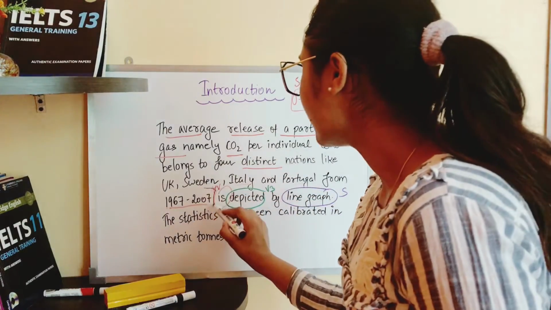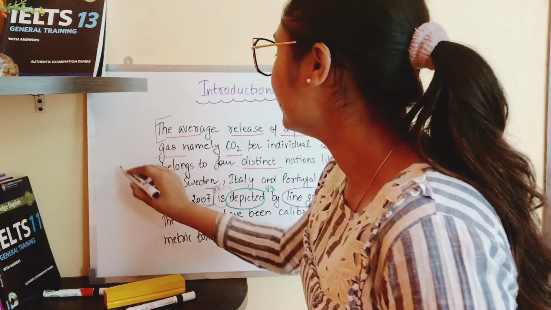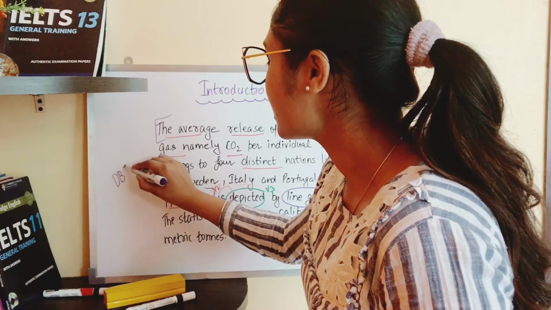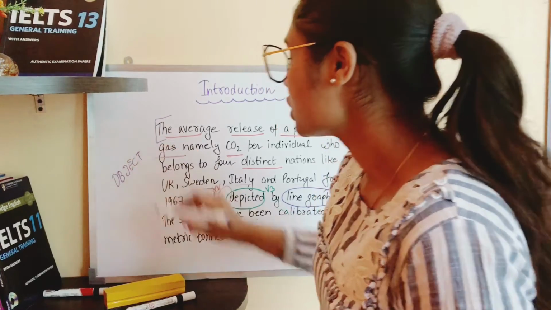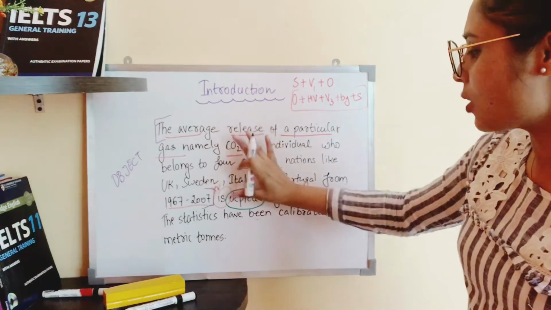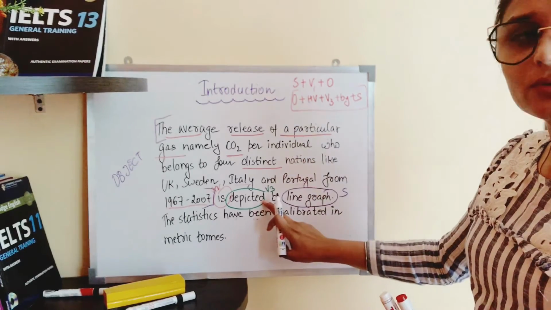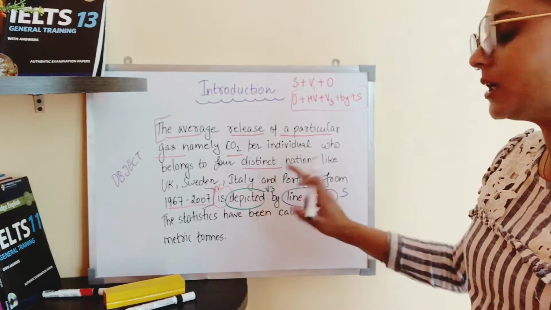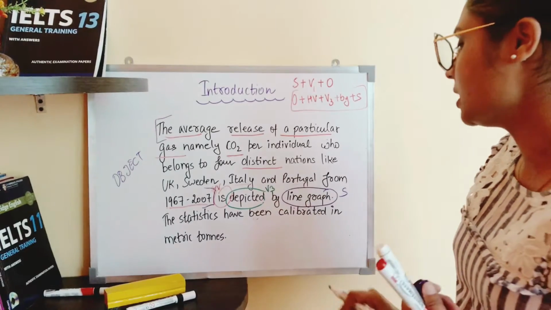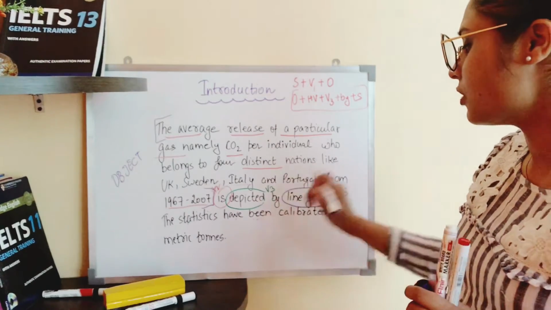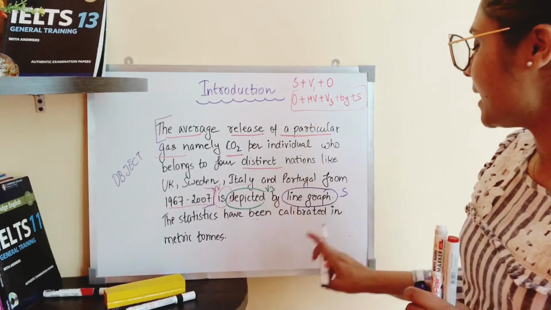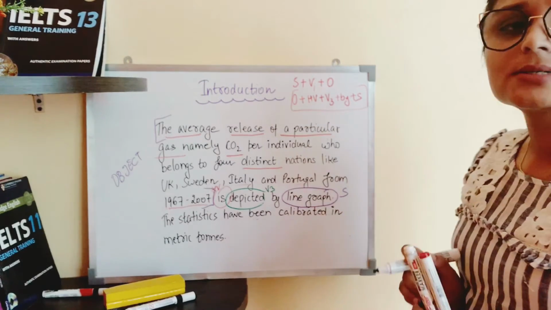So our object is quite big. I wrote the object first, then I used the helping verb, then the third form. I replaced the word show with depict, and I used the third form, depicted. Then I used by, and the line graph is our subject.